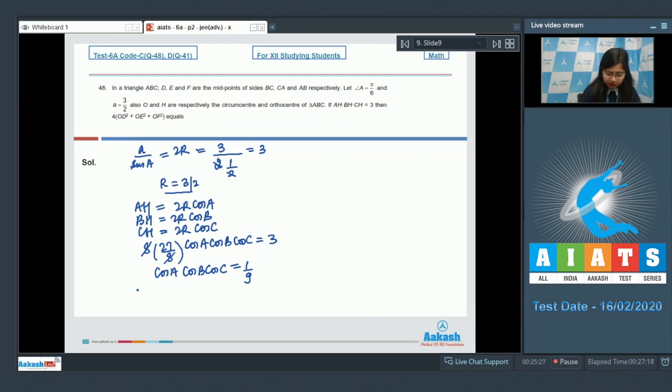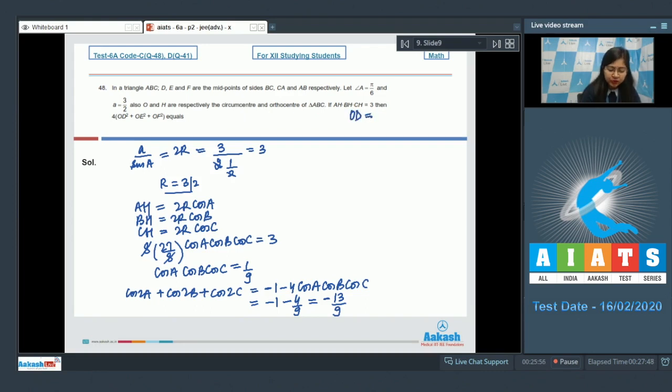Now we know that cos 2A plus cos 2B plus cos 2C is equal to minus 1 minus 4 times cos A cos B cos C. So applying this here, we will get minus 1 minus 4 by 9, that is minus 13 by 9. Now we need the value of 4 into OD square plus OE square plus OF square.